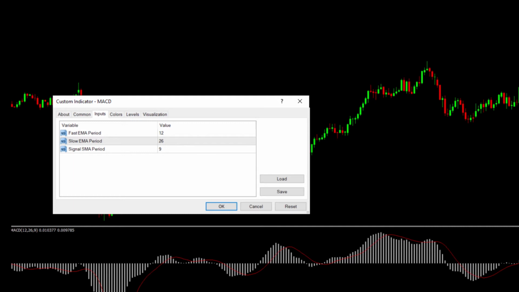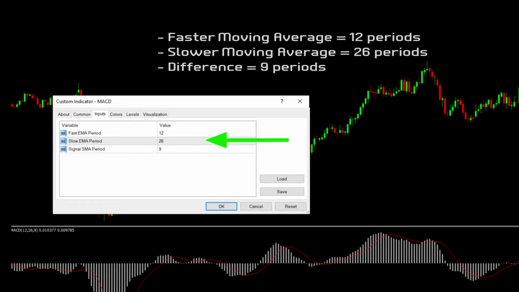The MACD default settings are the settings that I recommend using, as most traders are analyzing the MACD based on these settings. As you can see, usually there will be three numbers that are used as the default settings for MACD in MT4, which are 12, 26, and 9. The first number, which is 12, shows the number of periods used to calculate the faster moving average, and the second number, which is 26, shows the number of periods used for the slower moving average.